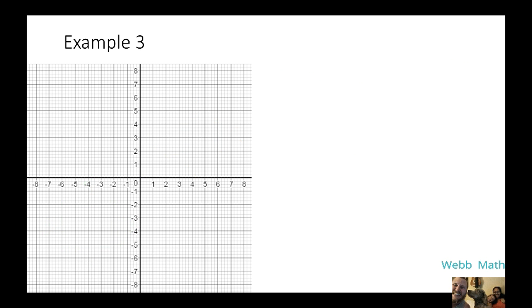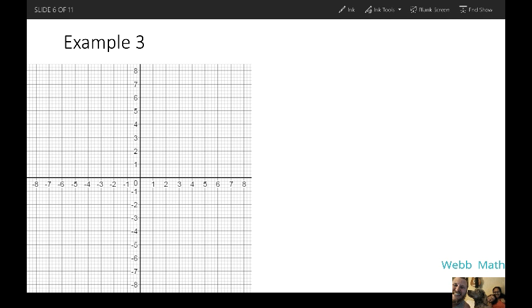All right, for example 3, we're going to go ahead and do a dilation. Okay, we're going to dilate this rectangle. Okay, obviously it's got a length of 3 and a width of 2.